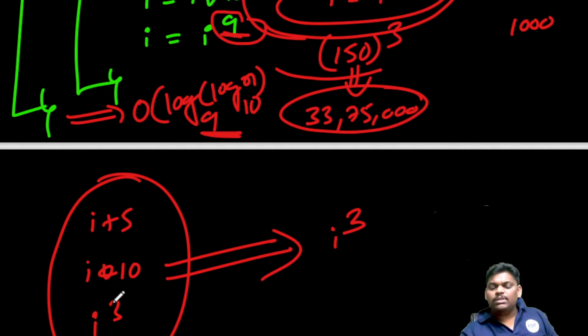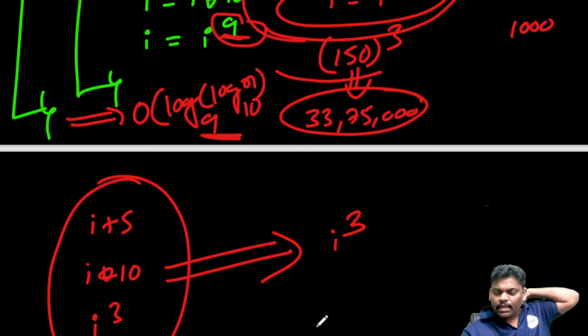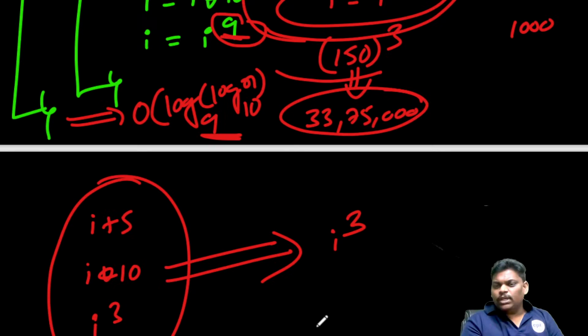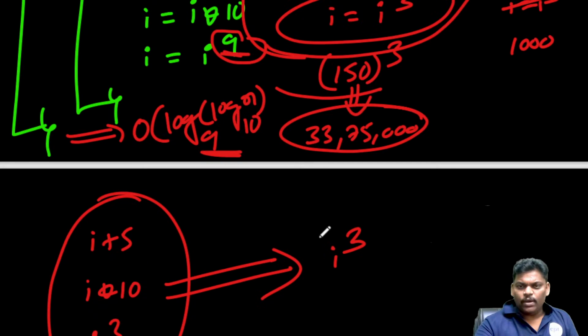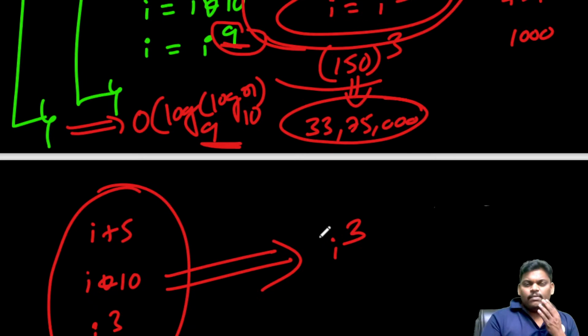Remember, it is not mathematically similar, it is asymptotically similar, meaning that by neglecting constants, both are the same. Are you okay? For larger i values, both are the same. So the answer of this problem is log n.